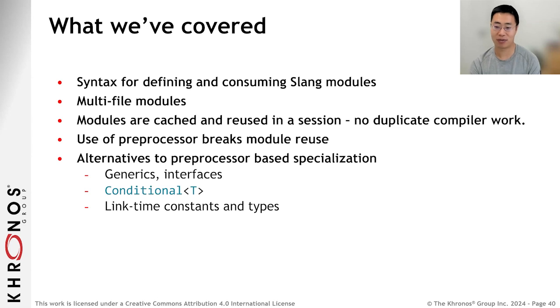And then we continued to talk about all the Slang features that you can use to do shader specialization without using preprocessors, so that you can get the maximum benefit from using modules. The features that you will use instead of preprocessors are generics, interfaces, the conditional type, and also link time constants and types. And I hope this is enough information to get you excited about trying out modules in your projects.